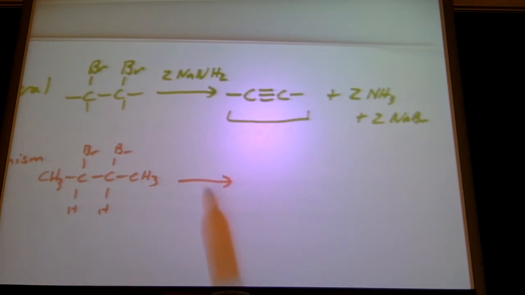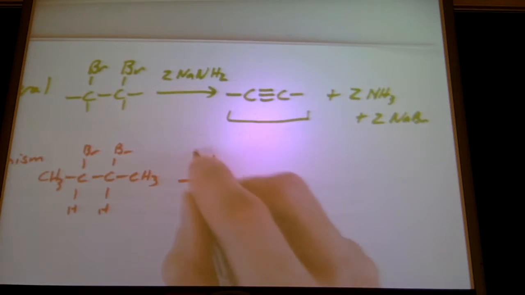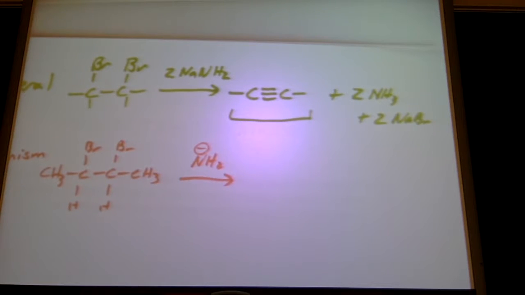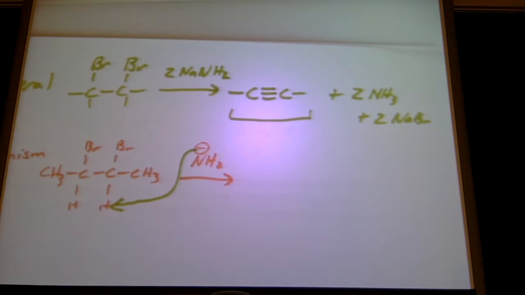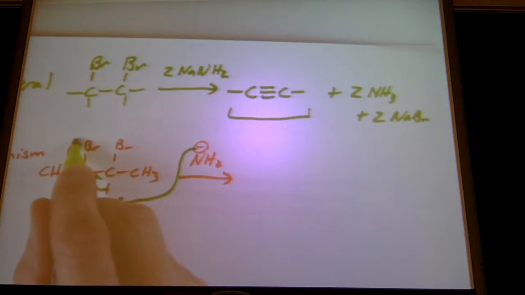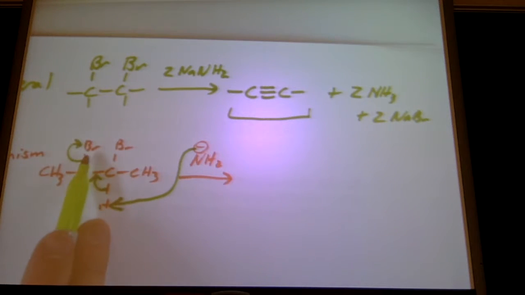So writing NaNH2 is the same thing as writing NH2 minus. Okay, so that's a strong base. Whereas an acid will donate a proton, a base will accept a proton. So it takes off a proton. That's where you get this NH3. These 2 electrons form a pi bond, and it kicks off bromine as the leaving group, so you end up with Br minus, and you've got Na plus in solution, so that's where your NaBr comes from.